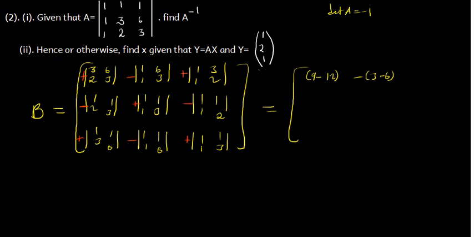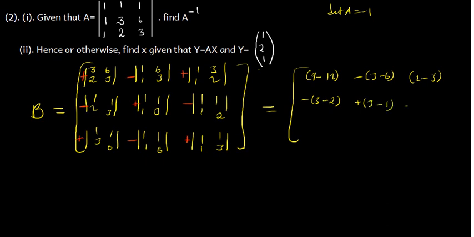And then the other one, 1 times 2, that is a 2, minus 1 times 3, that is a 3. Coming here, 1 times 3, that is a 3, minus 2 times 1, which is a 2.